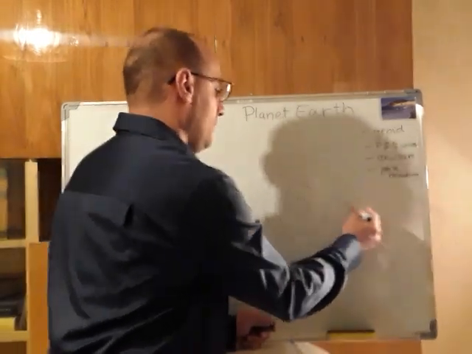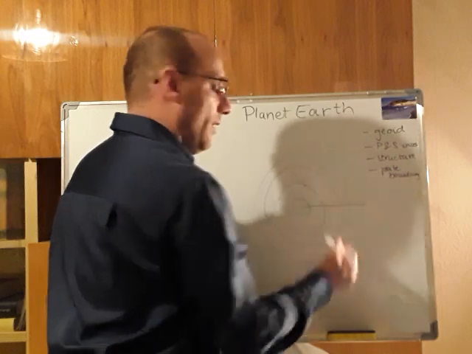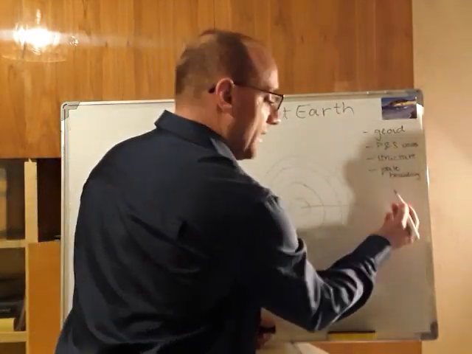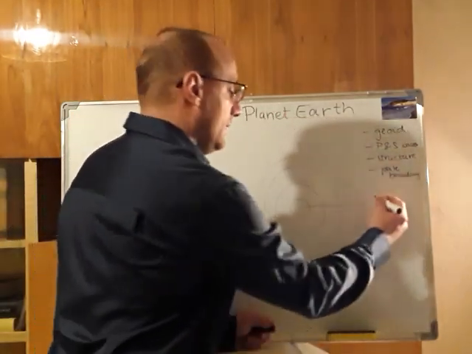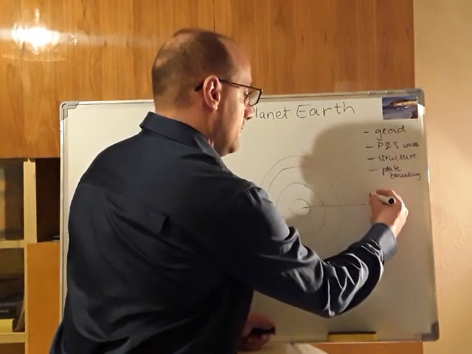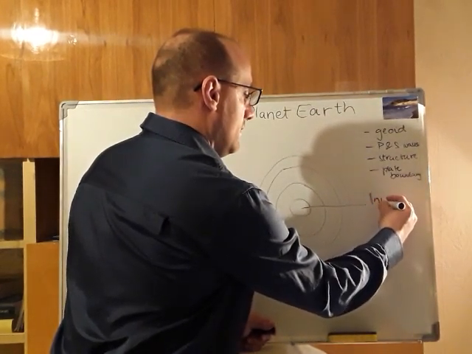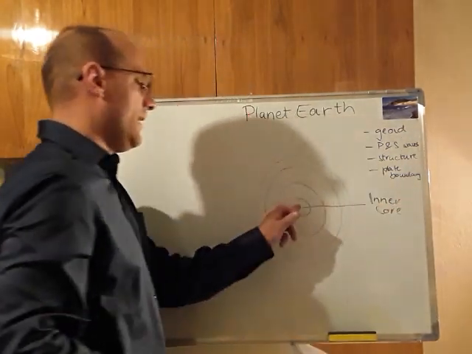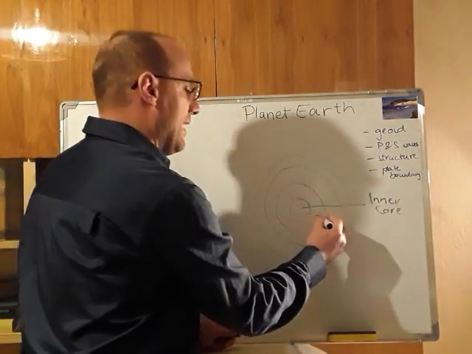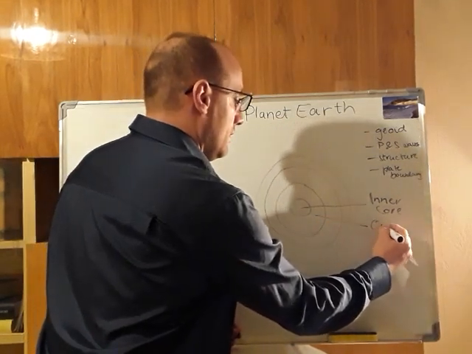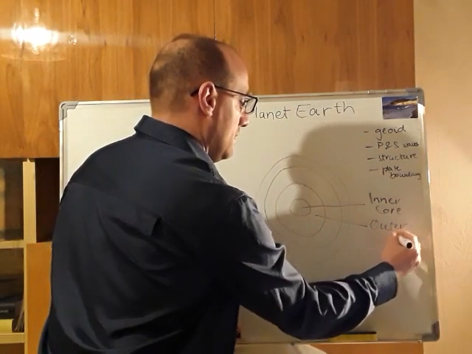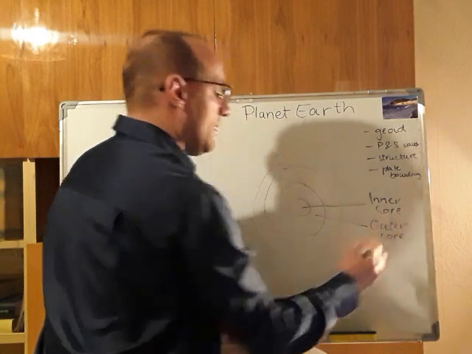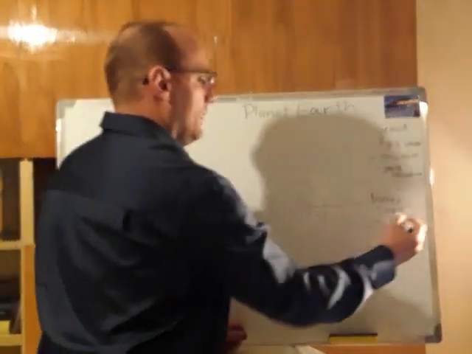Now in the center is what we call the core, but even then the inner core is what we find on the inside. There will be an outer core covering the inner core.